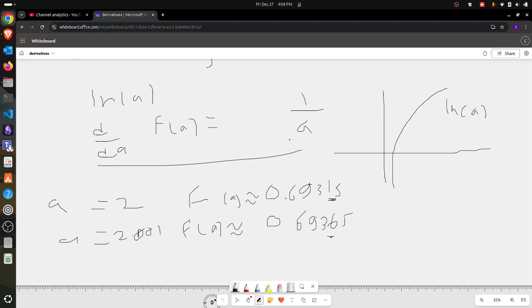The whole idea is that the value changes by half, and by half what I mean is 0.5. So this thing is increasing by 0.0005. I hope the concept is getting clear.